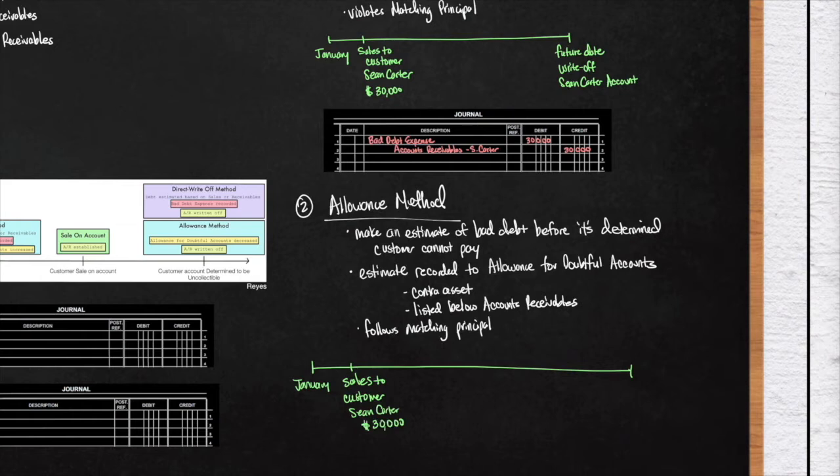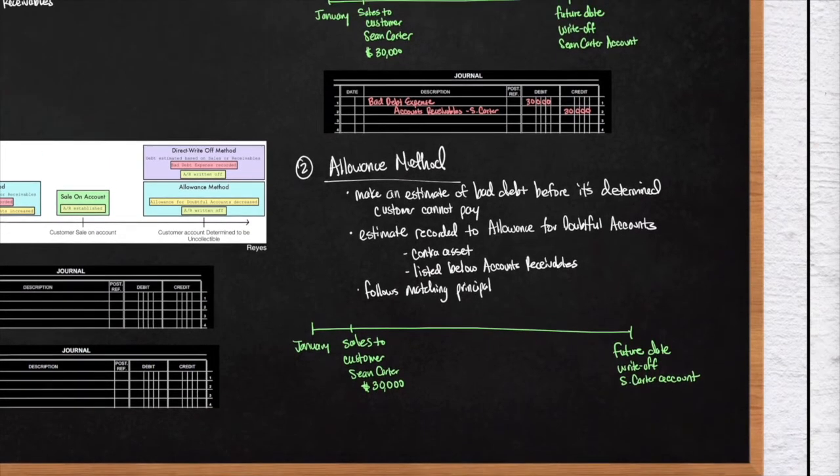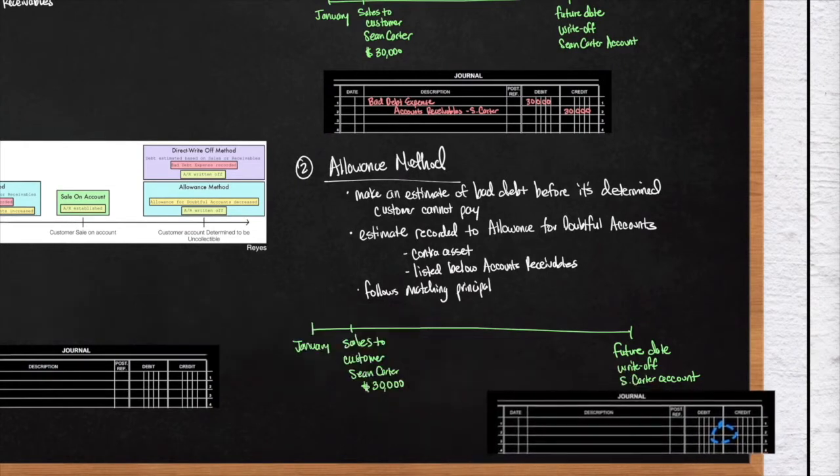At a future date, we determined that his account needs to be written off because the customer will not pay. So, future date, write off Sean Carter's account. Under the allowance method, again, the biggest difference between the allowance method and the direct write-off method is that you make an estimate right before the period starts.